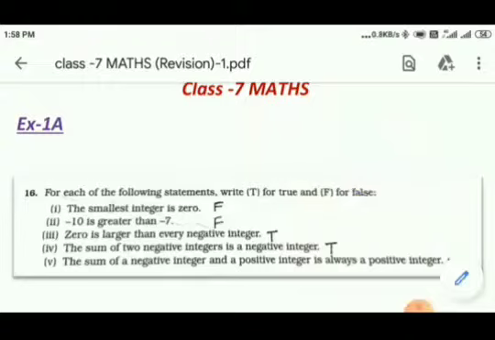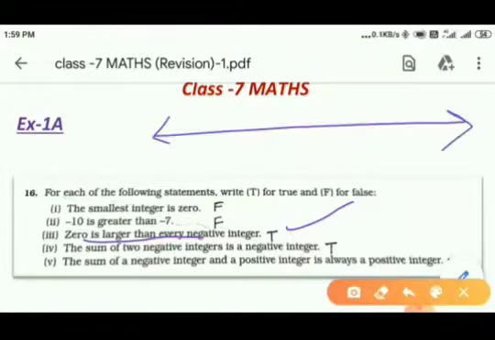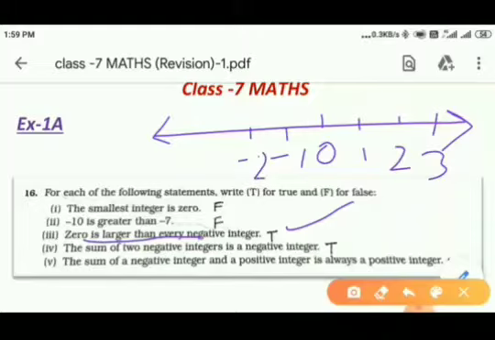The third one is 0 is larger than every negative integer. Just now I told you that 0 is on the right hand side of negative integers, so definitely it will be larger. Remember that whatever number comes on the right hand side will be bigger. I am making the number line again so that the second and third are clear to you. This is 0. On the right hand side we take the positive integers, and on the left hand side the negative. There will be minus 10, and in between minus 7.